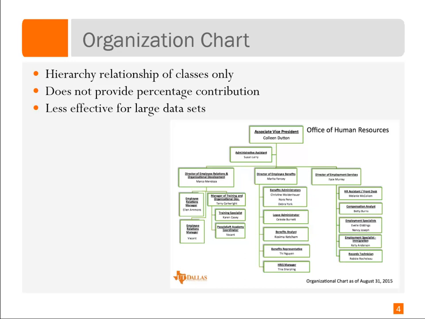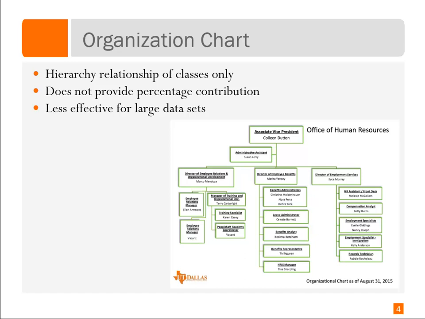We might have a class of directors underneath that vice president, and then a class of administrators underneath our directors there. Now, this can be fairly useful as long as the number of data values is not too large.